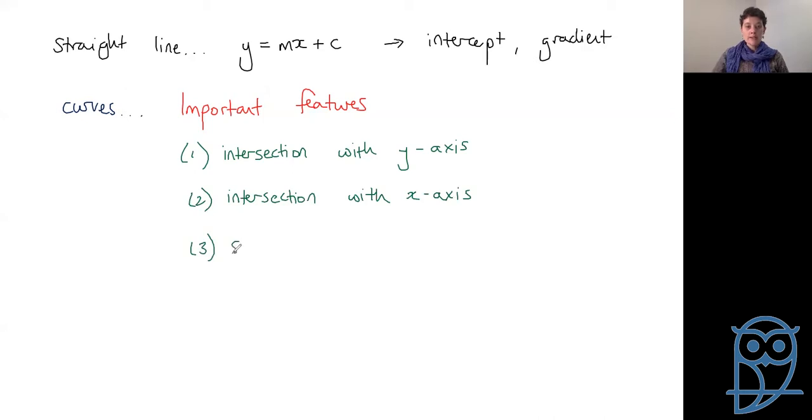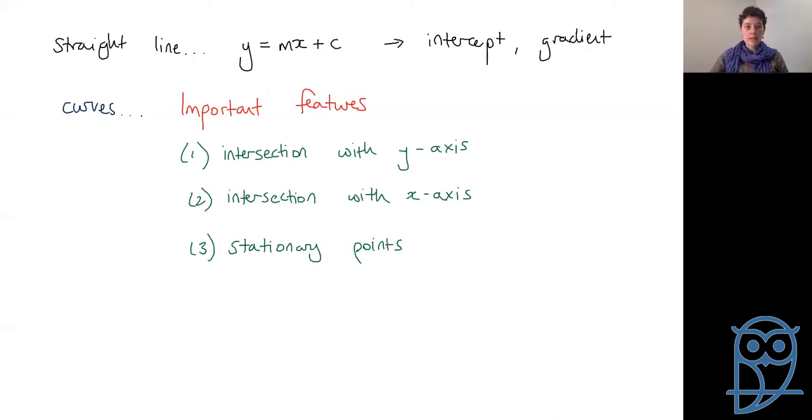Third one is stationary points. The vertices of a curve, the turning points, the maximums and the minimums, are really important features of a curve. When we're working in coordinate geometry, we don't pay as much attention to this as we do when we get into calculus, into differentiation and integration, because a large focus of differentiation is locating these stationary points.